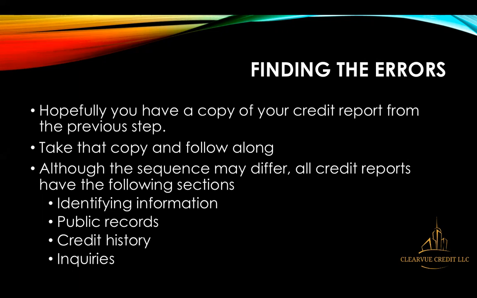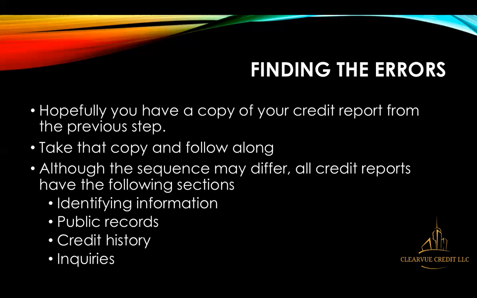You can also search for places like Smart Credit, Identity IQ, and My Score IQ. There are half a dozen places you can go online and get a copy of your credit report with the score. You'll pay a monthly fee ranging anywhere from $15, $20 up to $30 a month. Definitely worth it if you're on a credit repair journey. Even if you're not, just to know what's going on with your credit, you get alerts on a regular basis. So get a copy of your credit report and follow along.